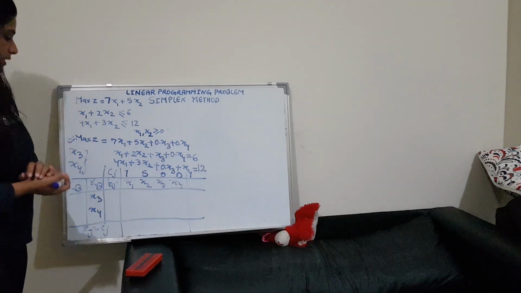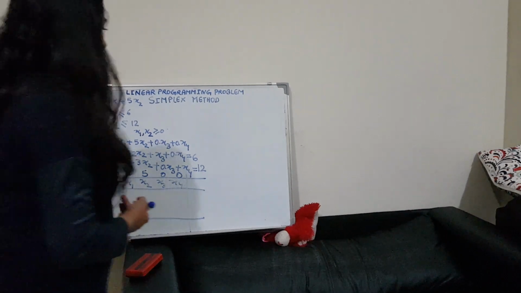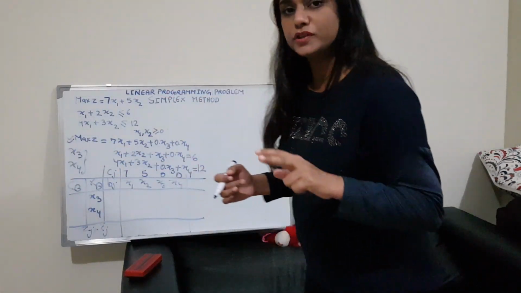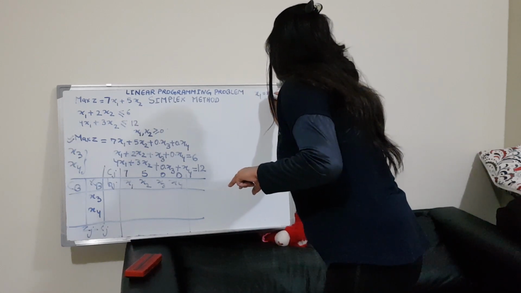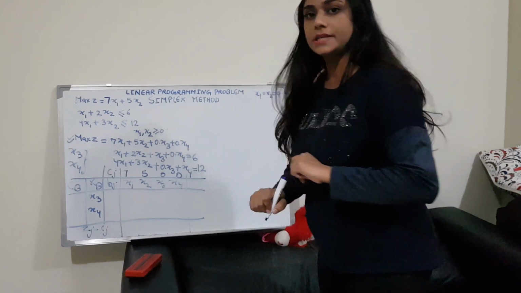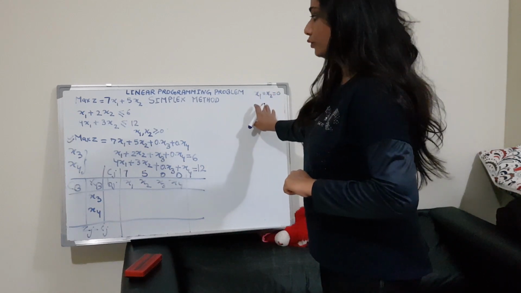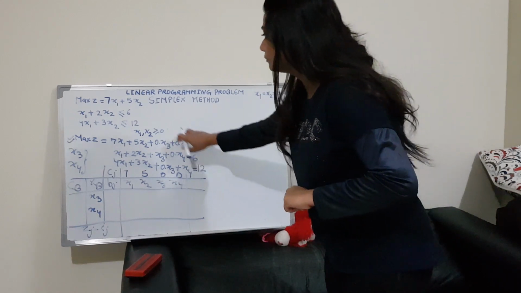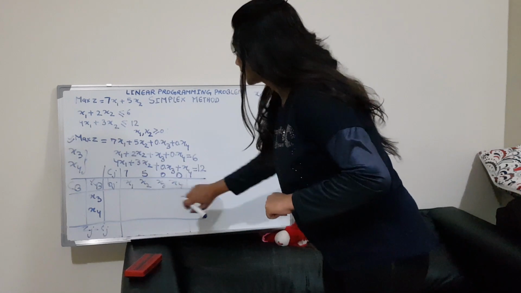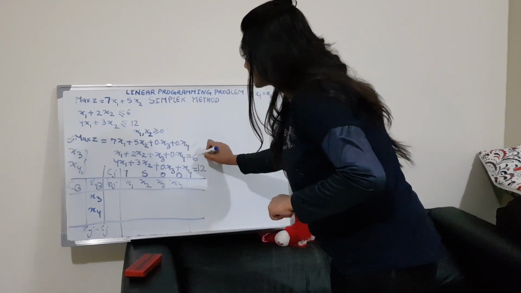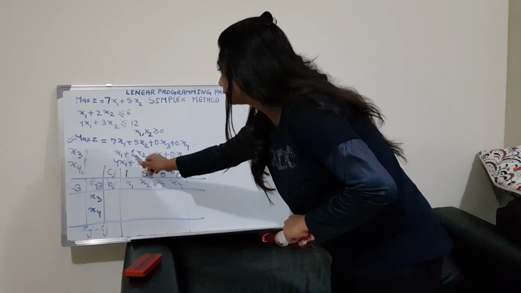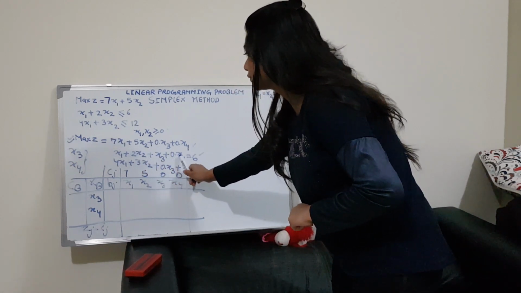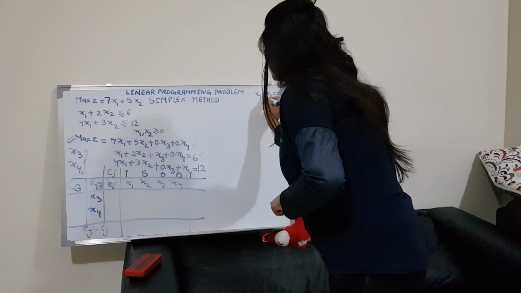How we will calculate? We will assume basic variables value x1 and x2 is equal to 0. Now this value we will put in both equations. So first equation is x1 plus 2x2 plus x3 plus 0 into x4. Let's put x1 and x2.